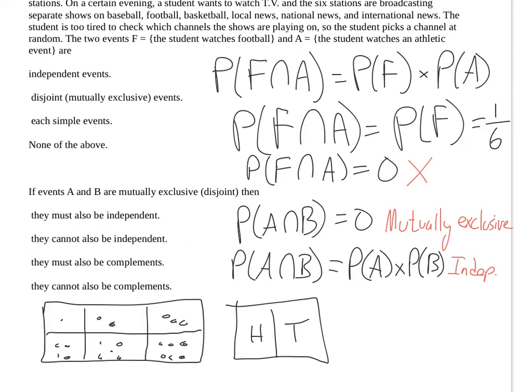Now some of you might say, what if one of the probabilities here is 0? That's why I made a note before. The problem assumes that A and B both have a non-zero probability, that they're both possible events. And that's a good thing to assume because in this course, for sure, and likely in other probability courses, you're only really going to be talking about probabilities for possible events.